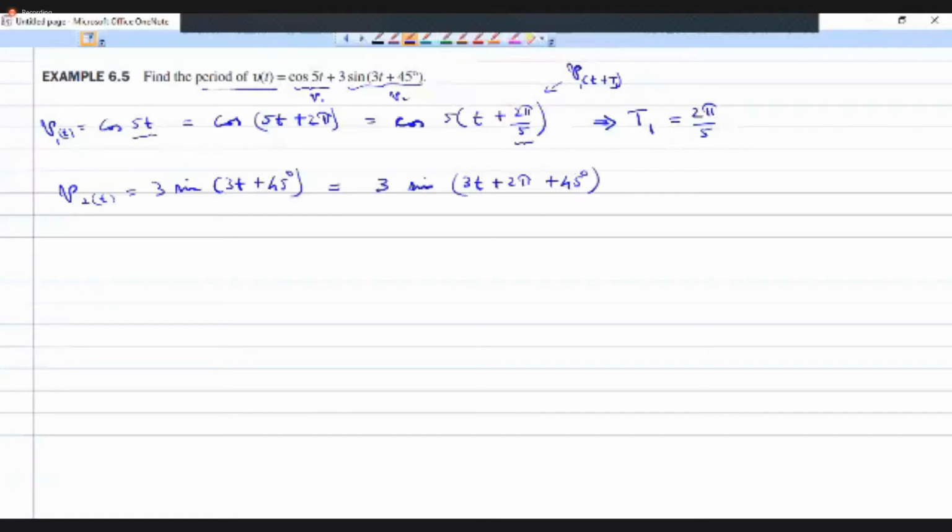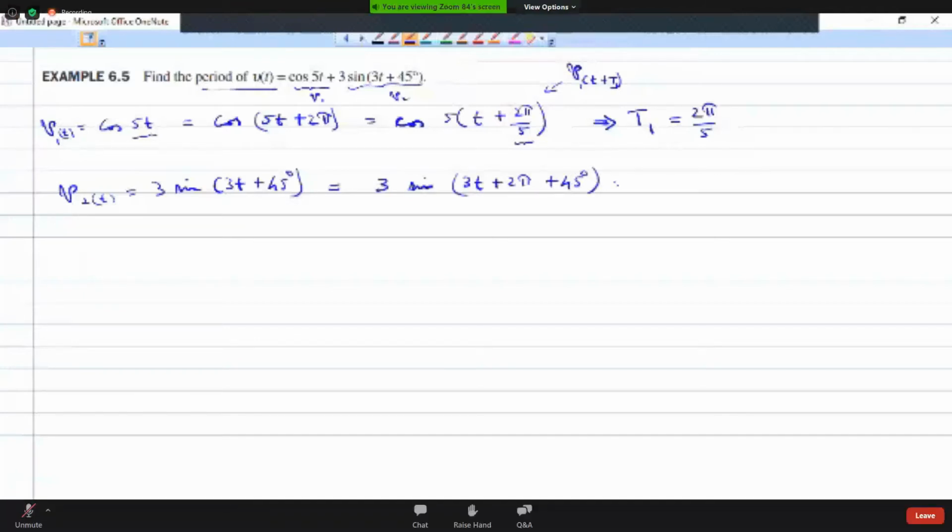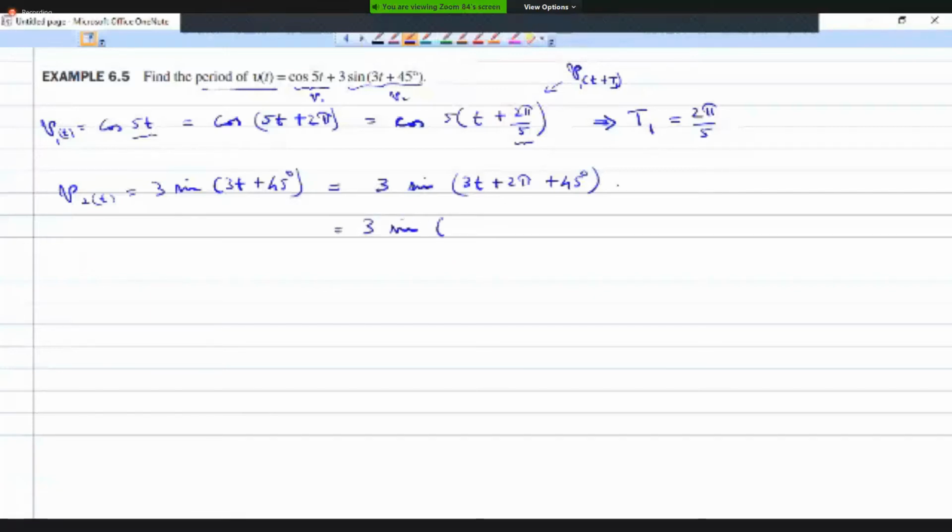We just take out this 3 from this time period. So we can write this as t plus 2 pi by 3, right, plus this 45 degrees.